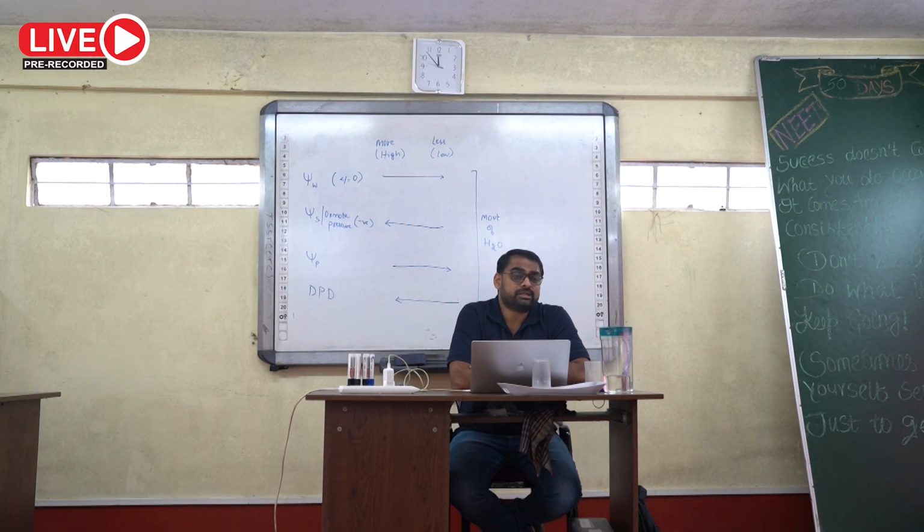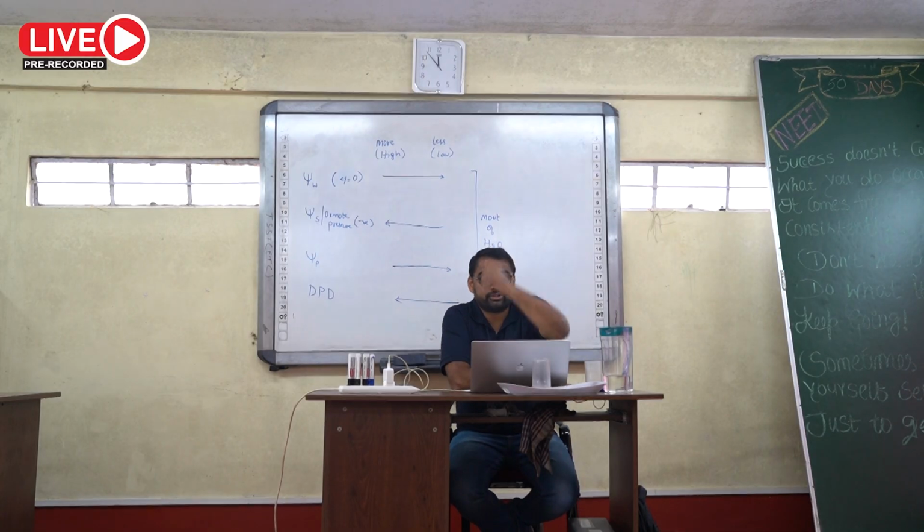In fact, Alzheimer's disease is likely to increase in this generation, in the coming generations. Why is Alzheimer's disease likely to increase? One of the reasons for Alzheimer's disease is not enough stimulation of the nervous system. It's a neurodegenerative disorder.